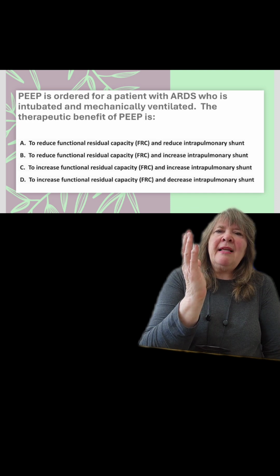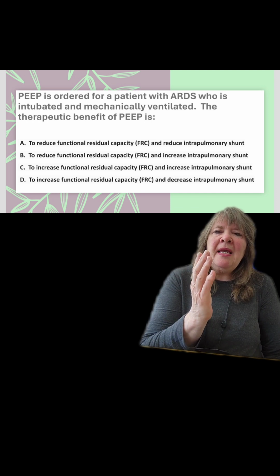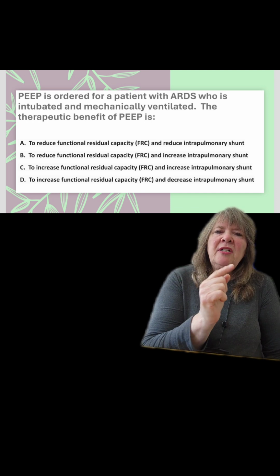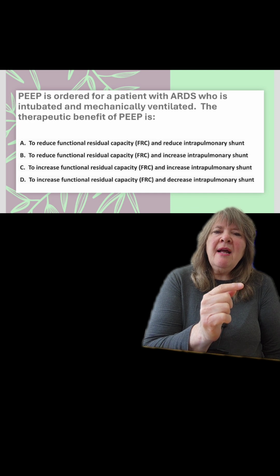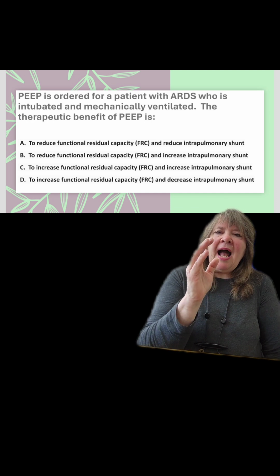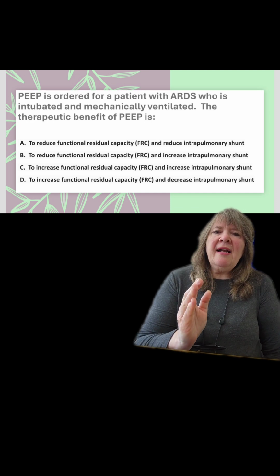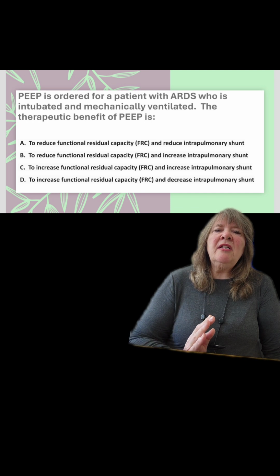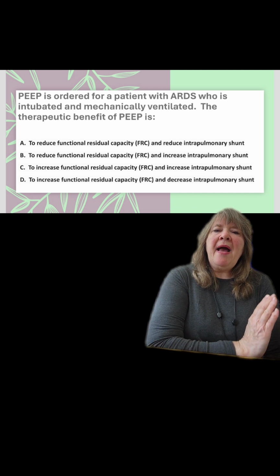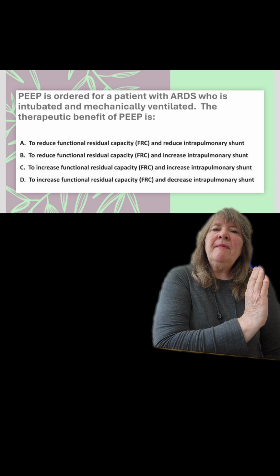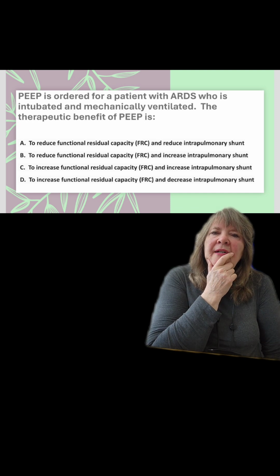Now, there's another thing that we have to talk about. What does that mean, right to left intrapulmonary shunt? That means that blood leaves the right side of the heart, goes down to the lungs, and makes its way back up to the left side of the heart without ever getting oxygenated.